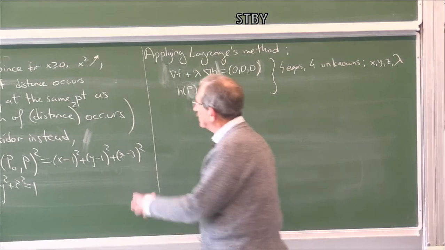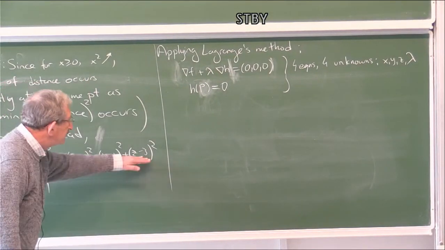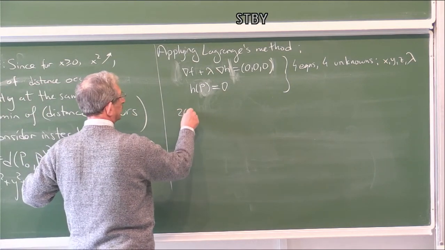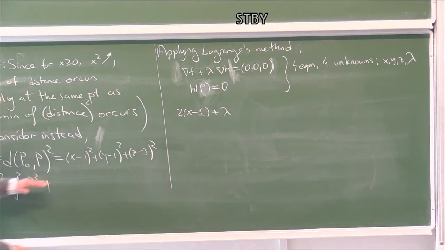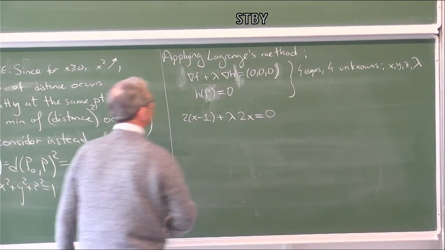What does all that say? Well, gradient f is the derivatives. So the first component is twice x minus 1 plus lambda, the derivative with respect to x of h, which is 2x, that should be 0.